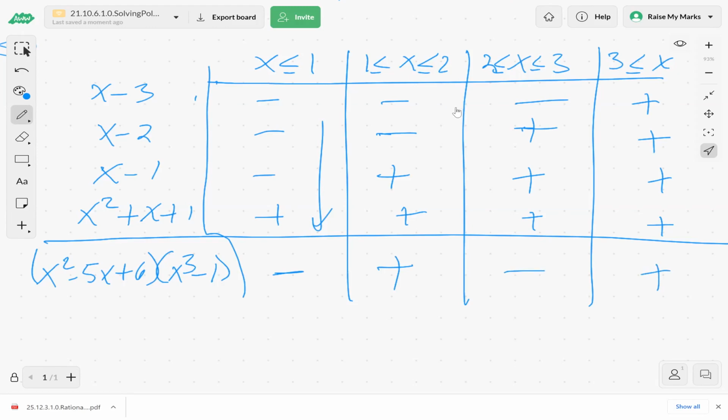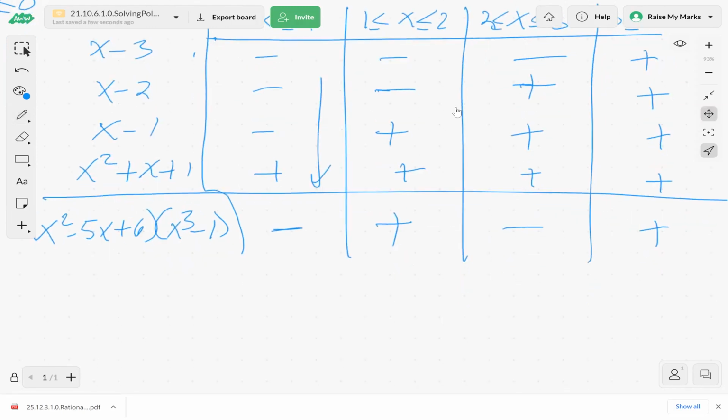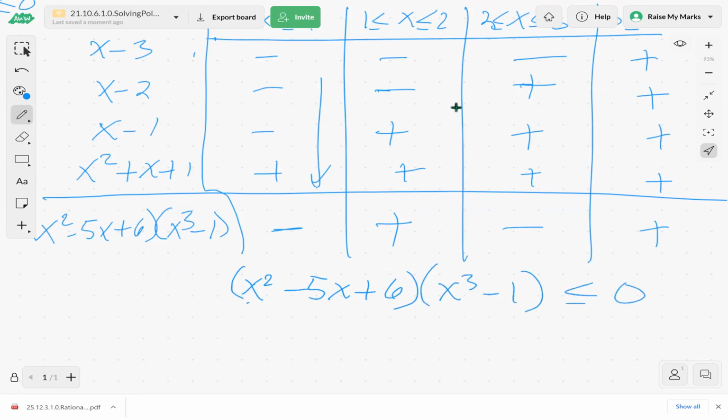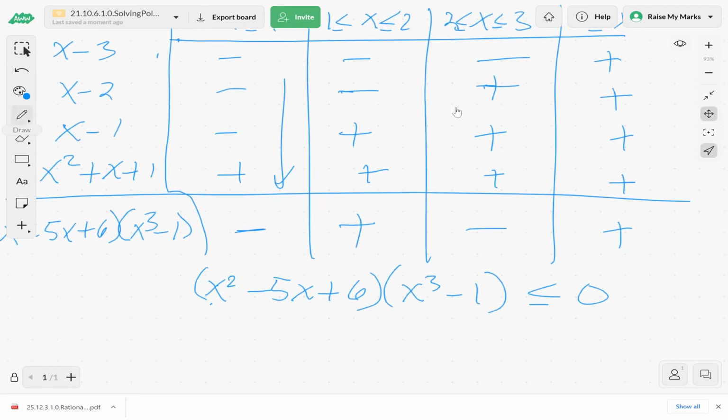So our original inequality was x squared minus 5x plus 6 times x cubed minus 1 is less than or equal to 0. Which intervals does this occur on?